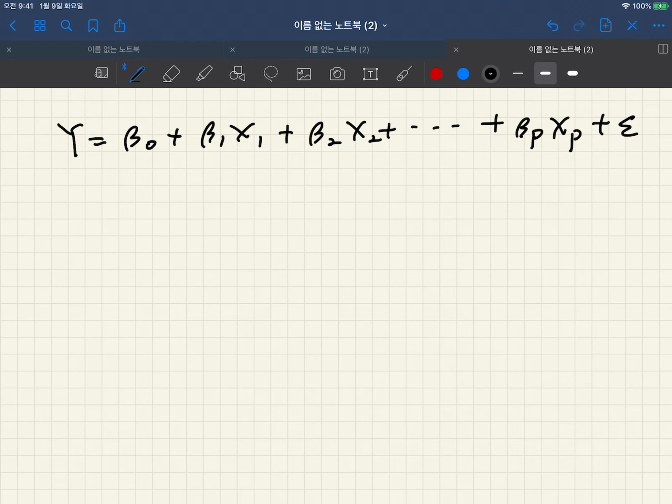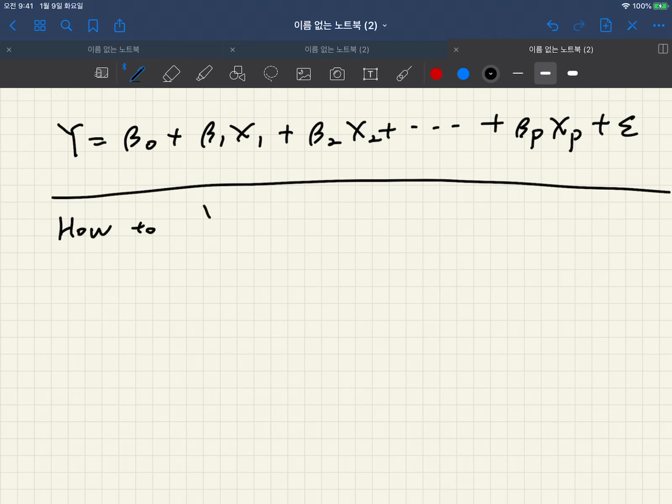considerations. Okay, again, how to learn, how to find the coefficients beta 0 to beta p for this multivariate linear regression task. We have to define the RSS function.